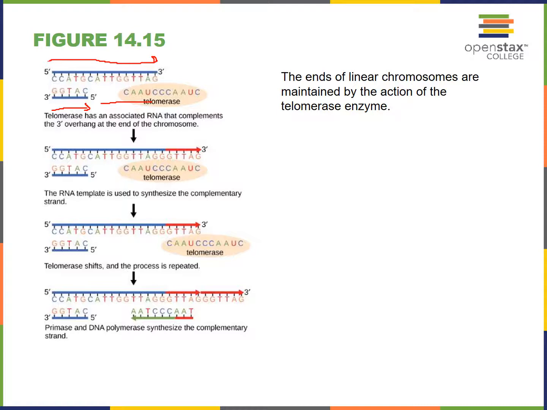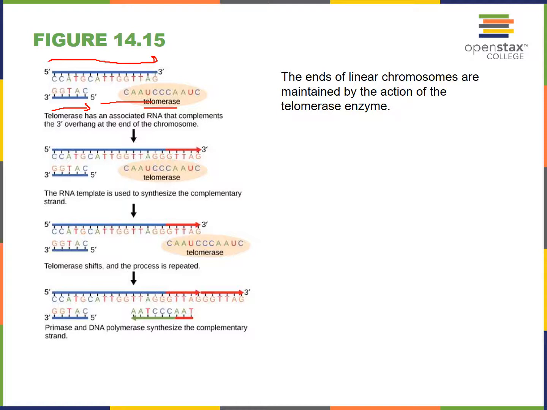Some cells in your body do the same thing. They only have a limited amount of times they can divide before they stop dividing because they've lost all their telomeres. Now, other cells in your body divide all the time. And their telomeres are maintained by this enzyme called telomerase.